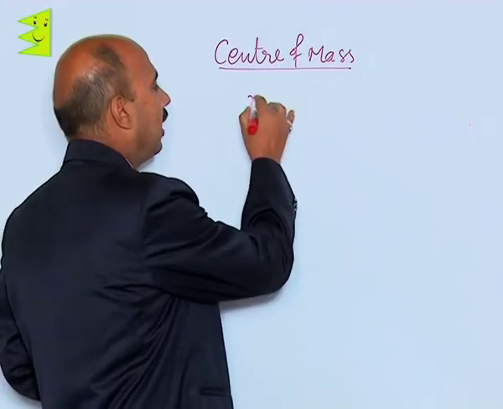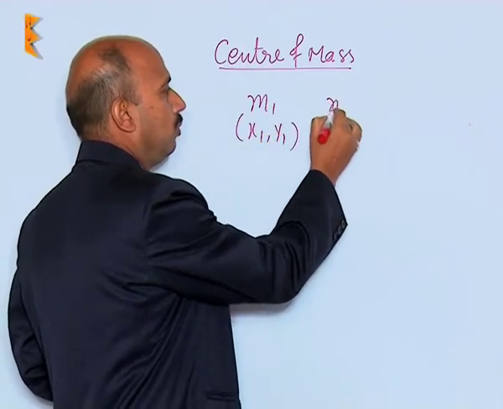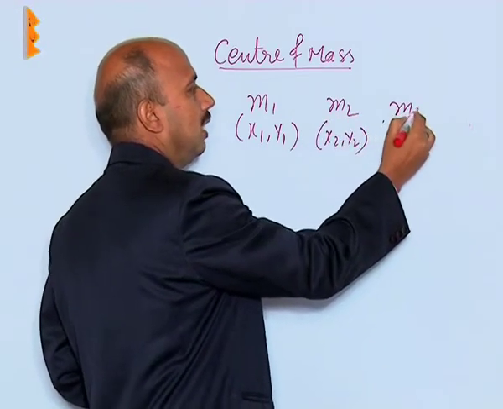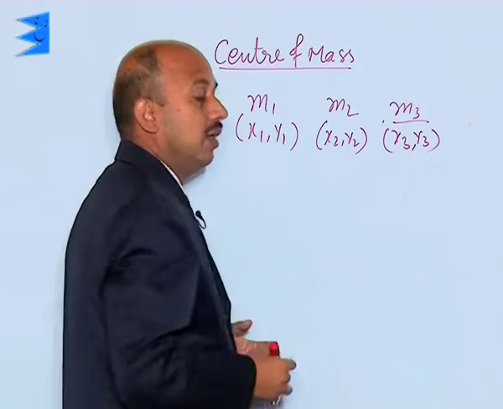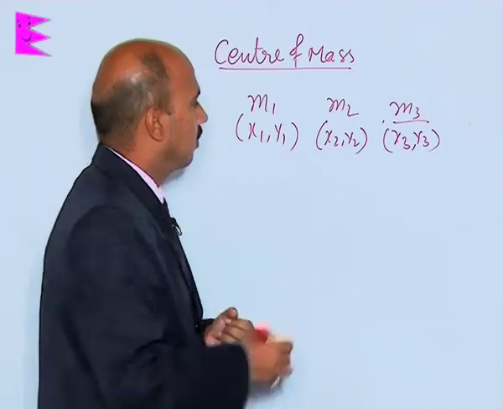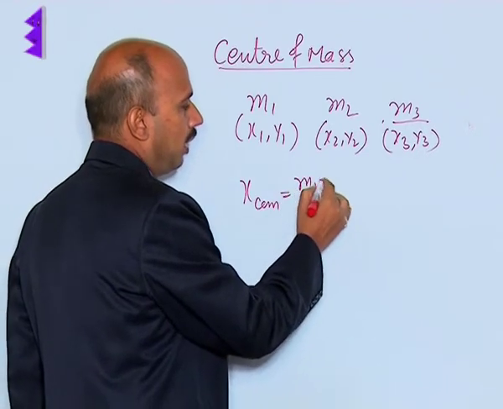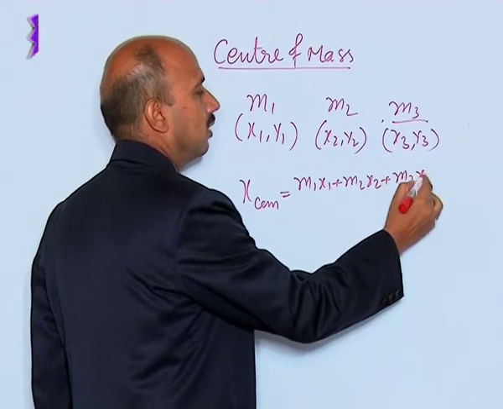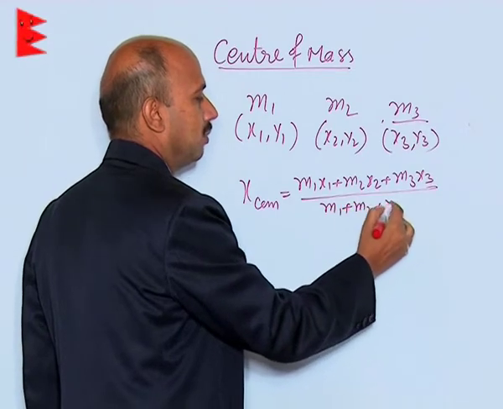So, suppose m1 has the coordinates x1 and y1, mass m2 has the coordinates x2 and y2, and m3 has the coordinates, suppose, x3 and y3. If you want to calculate the center of mass of this system of 3 masses, we can calculate first x, that is m1 x1 plus m2 x2 plus m3 x3 divided by m1 plus m2 plus m3.